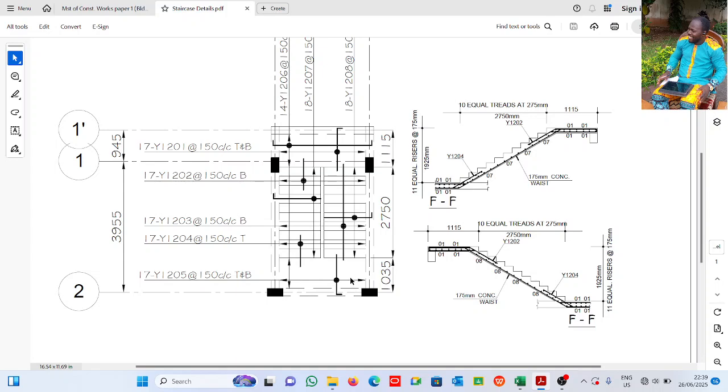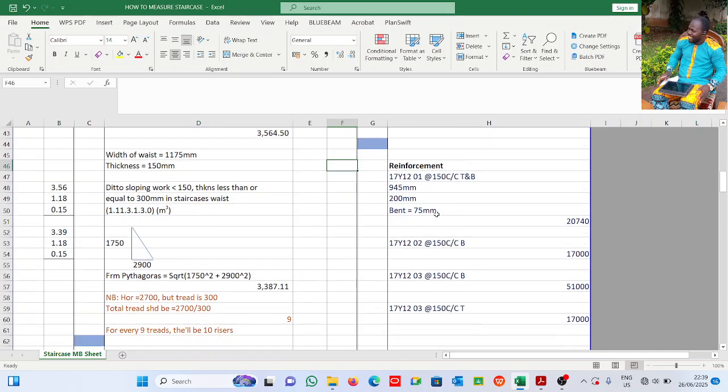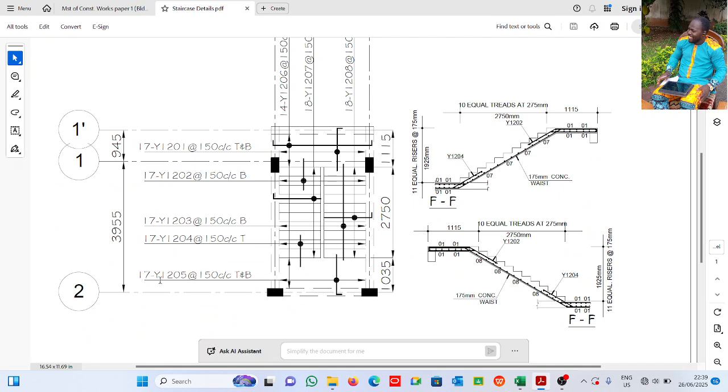Alright, so let's go. I use this to prepare the reinforcement. I just showed you how you calculate it. So this is 17Y1205. Okay. 17 is the number of reinforcement.